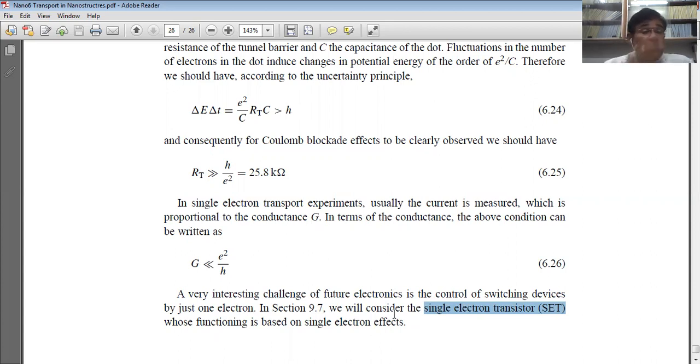Now, right now in microelectronics, if you take a BC147 or any transistor in the laboratory, to make this transistor on and off we require millions, too many millions, or billions of electrons at a time.